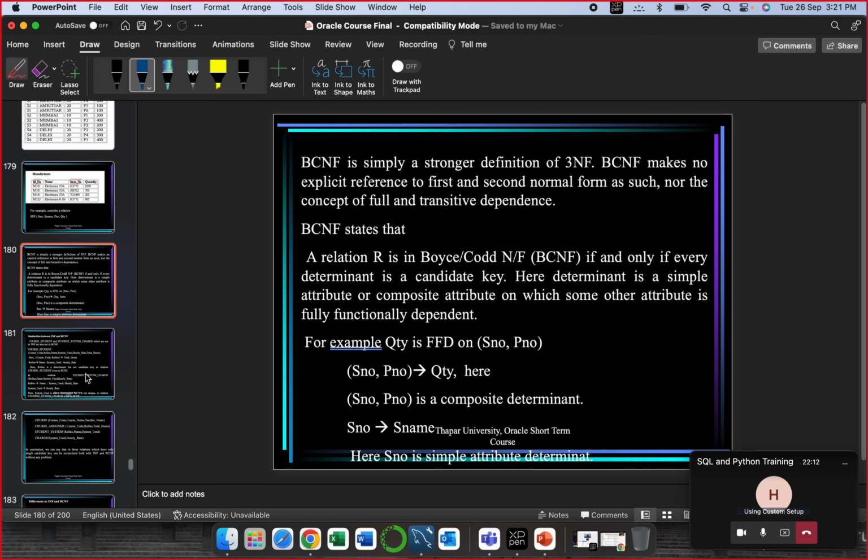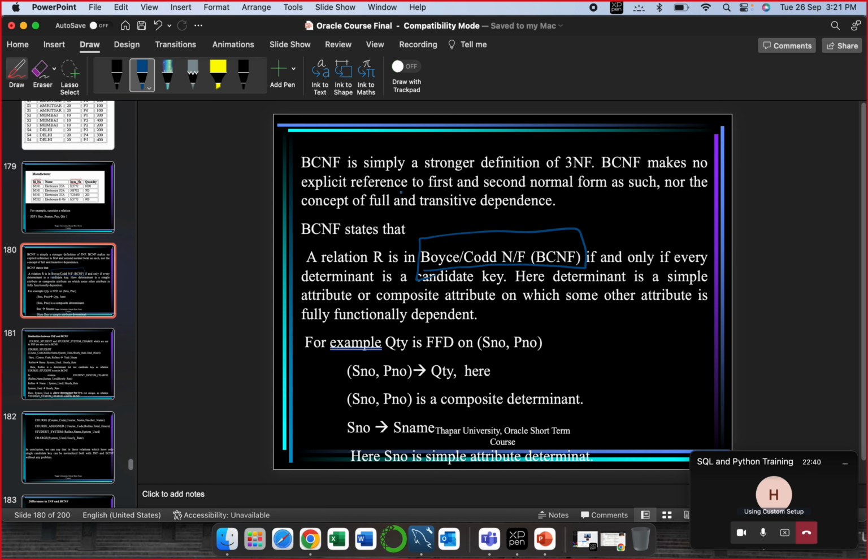So there is another thing which is called BCNF. It is Boyce-Codd Normal Form. Over here it is mentioned Boyce-Codd Normal Form. BCNF is simply a stronger definition of 3NF. It is again a third normal form only, but it is a better version of third normal form, what you can say.